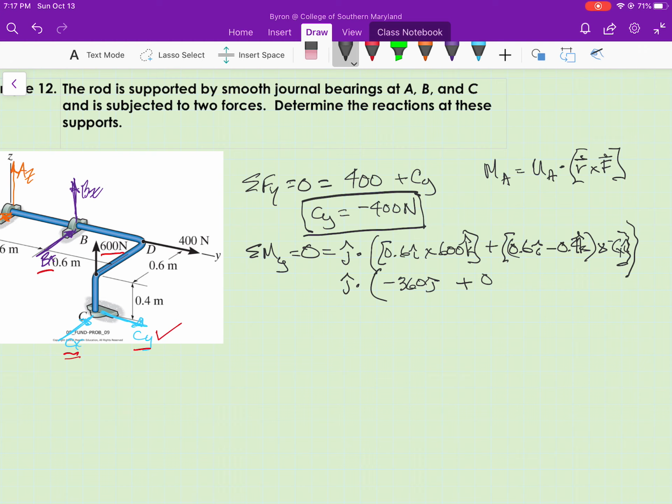And then the next term is going to be negative 0.4 times negative c sub x, which is a positive 0.4 c sub x, but don't forget about the unit vectors. k cross i is also positive, so that sign remains positive there. And that is also j. k cross i is positive j.